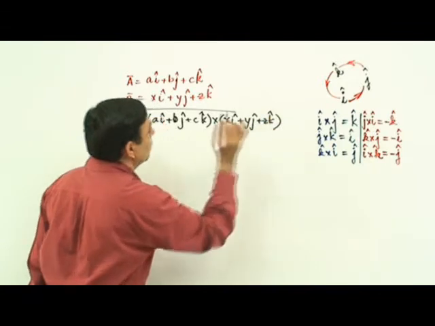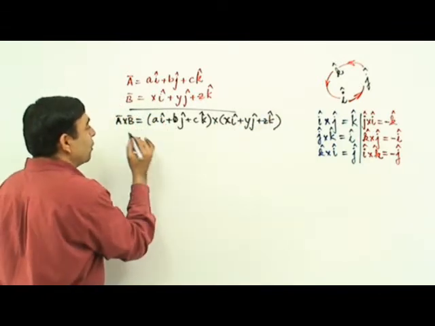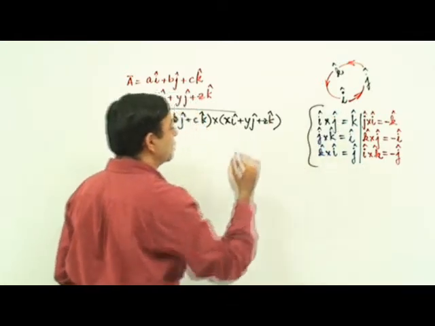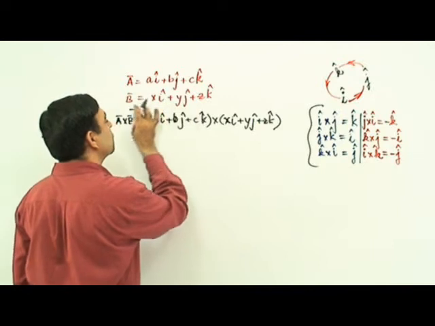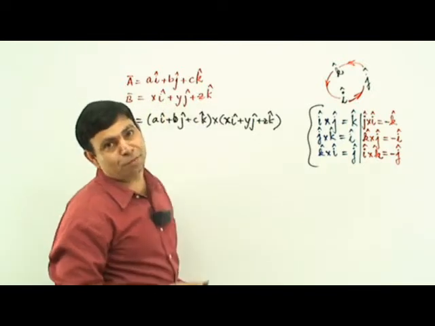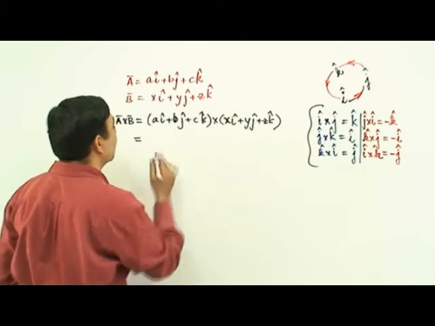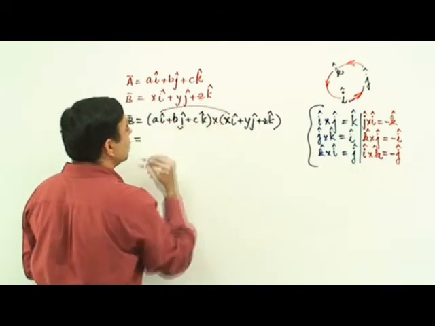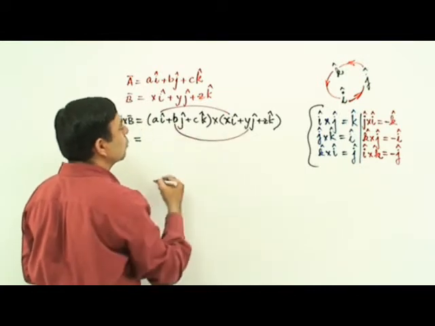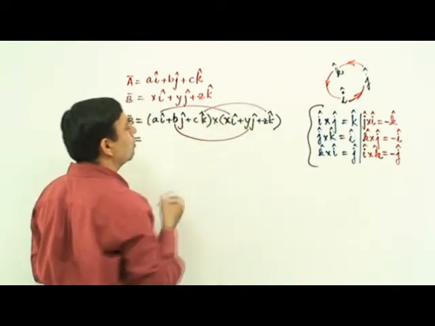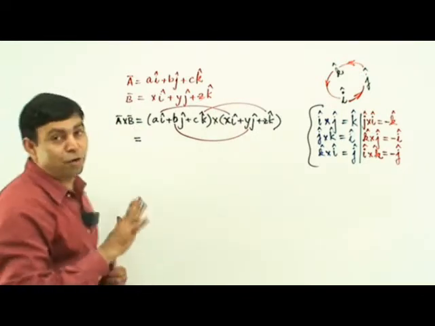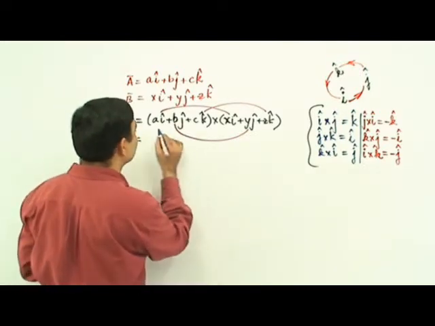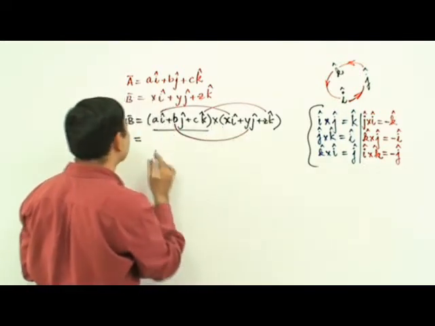Now, if you do it in a systematic way, then you need to consider the 6 terms. 3 terms are 0, you know very well: I cross I, j cross j, k cross k is the null vector. So you should not take I with I, j with j, or k with k, because that's going to be 0. Altogether you will have 9 terms, 3 into 3, but we need to take only 6 terms.